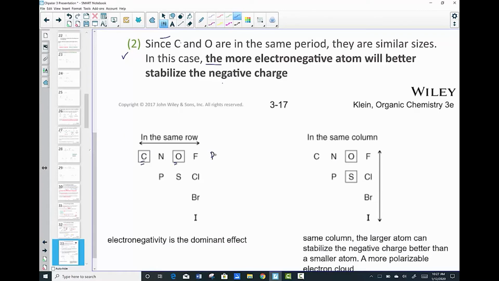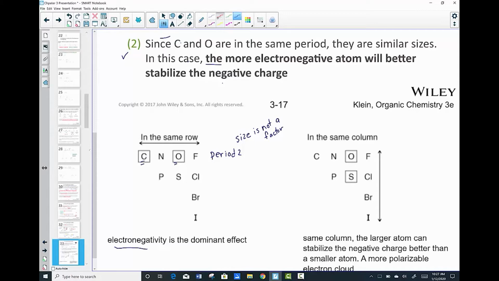We said that that's period 2. So really the size is not the biggest influence because they're very similar in size. Because the same row gives us the same number of energy levels, really the size difference is not significant. And so then we have to determine using electronegativity.